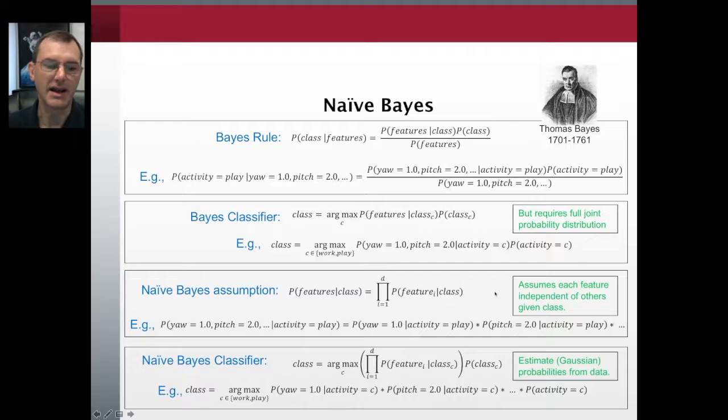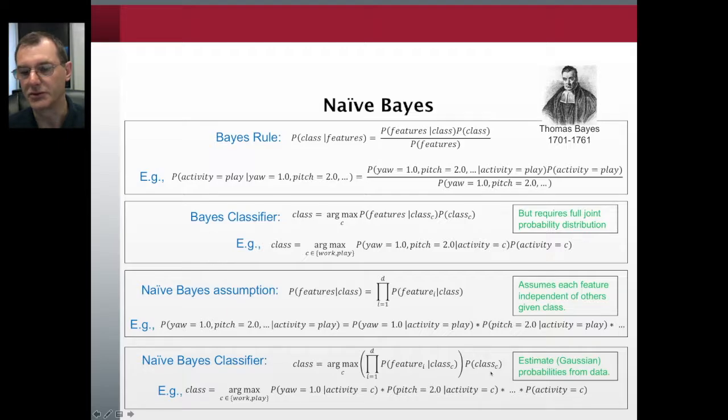So that brings us to the naive Bayes classifier, where essentially we're just plugging in for this full joint probability distribution our naive Bayes assumption that we can estimate that distribution by the product of all of the individual single feature probabilities.